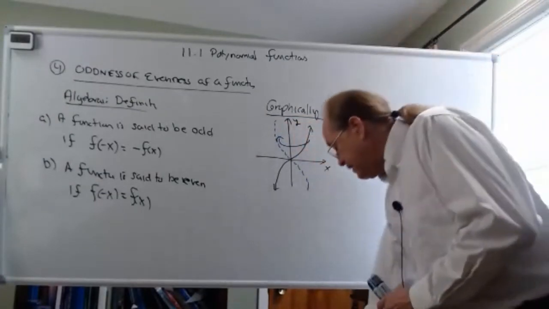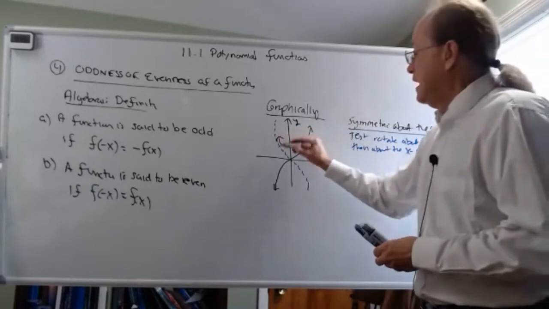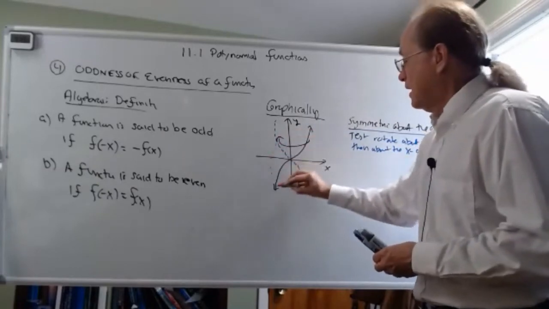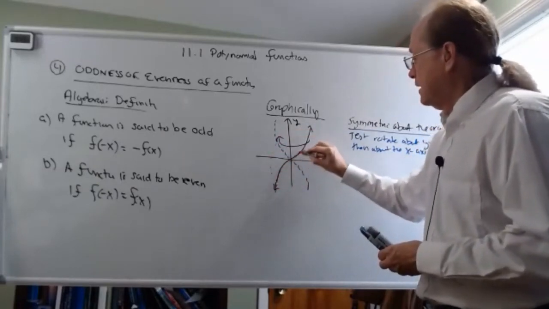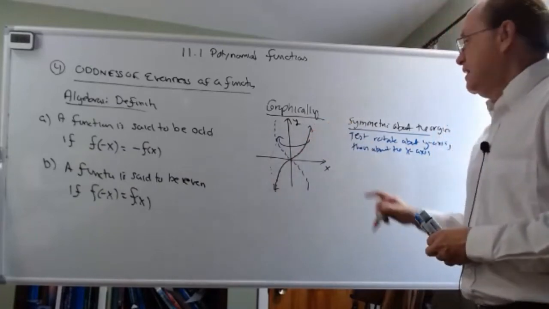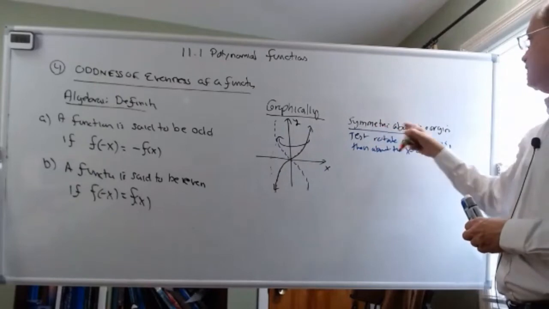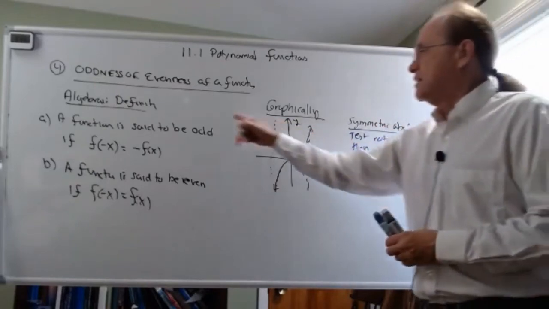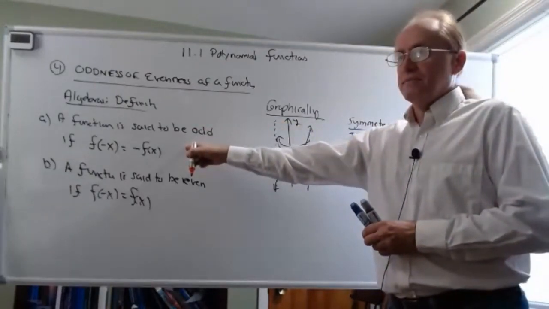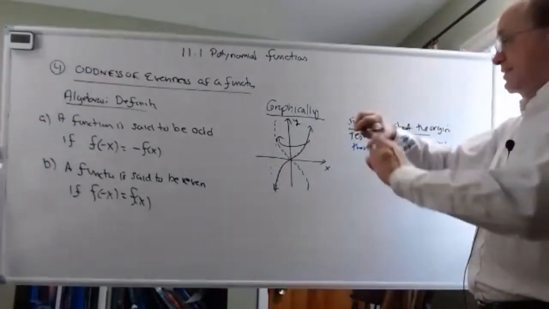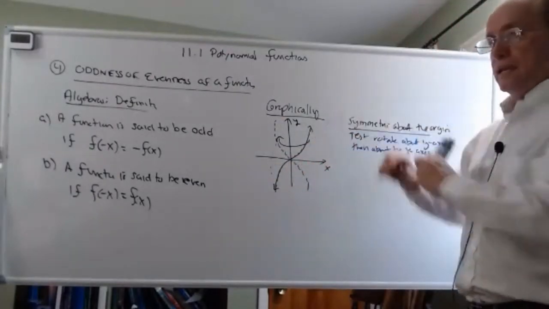And then I'd rotate this about the x-axis. And what would I get? I get the same function back. If you do that and you get the same function back, we say that it's symmetric about the origin, and that is said to be an odd function. This is how we can see it graphically. Just rotate it about one and about the other.